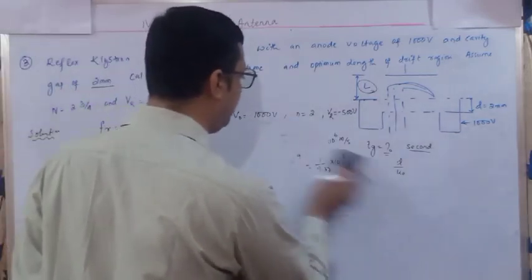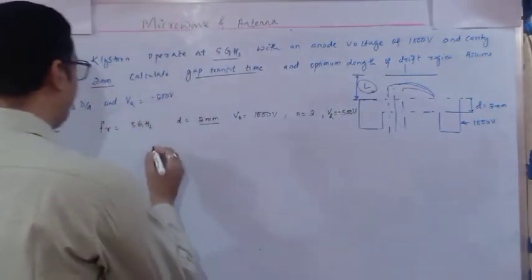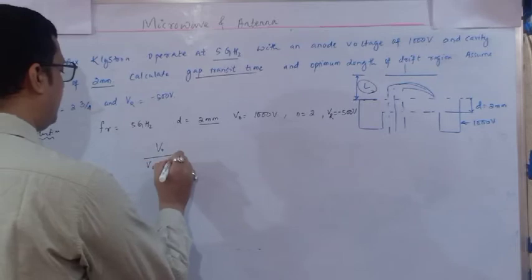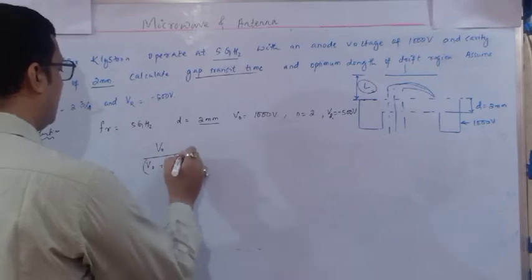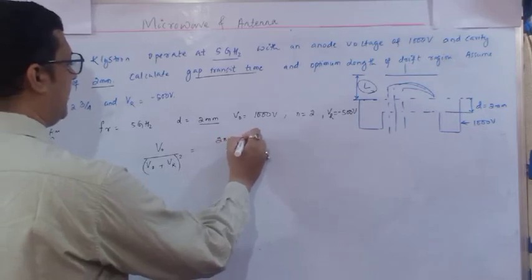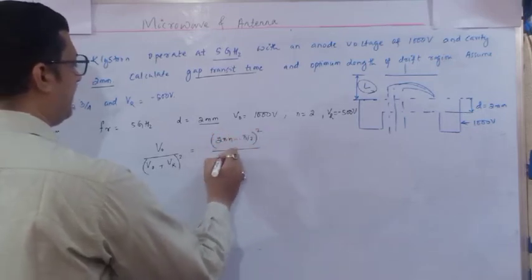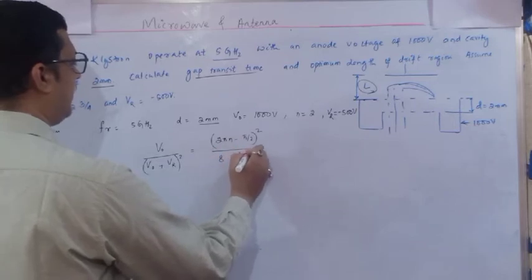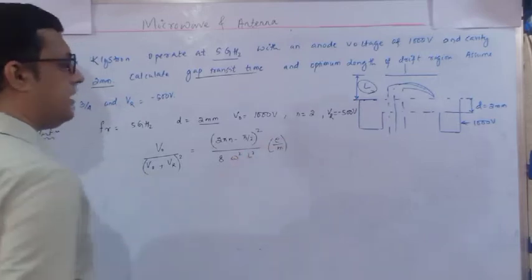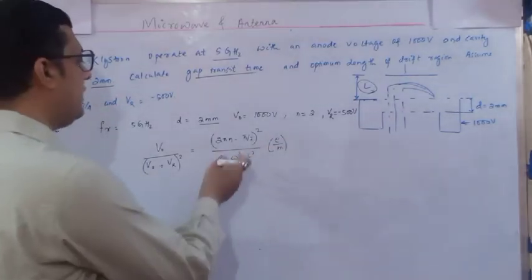So repeller space can be identified with the help of the relation V naught divided by V naught plus VR whole square, 2 pi n minus pi by 2 whole square divided by omega square L square E by M into E by M. Now here all the factors are known. Which one is unknown? L is unknown.